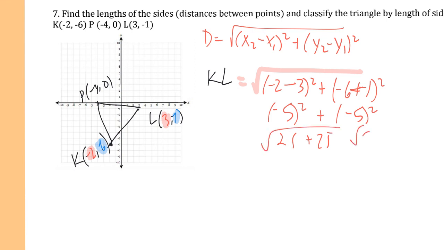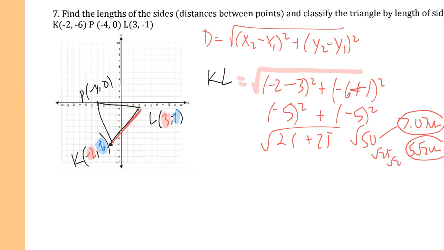That makes the square root of 50, which in decimal form, let me take out my calculator, is about 7.07. If you break down the radical, it's 25 times 2, or 5 square root of 2 units. So the distance from K to L is about 7, okay?